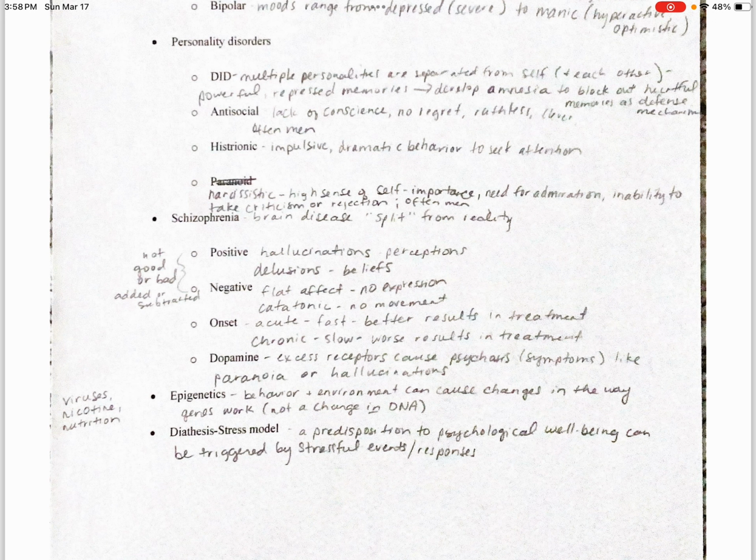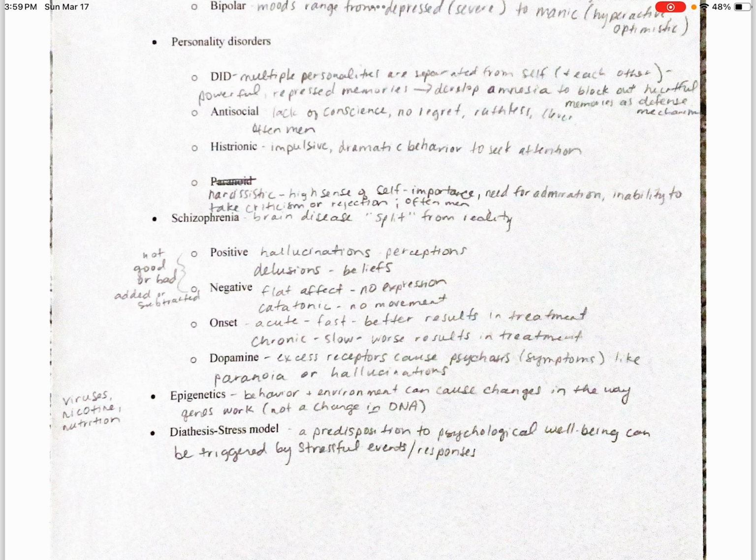I want to talk a little bit about epigenetics, and it is tightly related to schizophrenia. So when we talk about epigenetics, remember how I said like one hand doesn't clap alone. You don't have tea unless you have hot water and the bag of tea. You have to put those together though. Epigenetics is how behavior and the environment can cause changes in the way genes work.